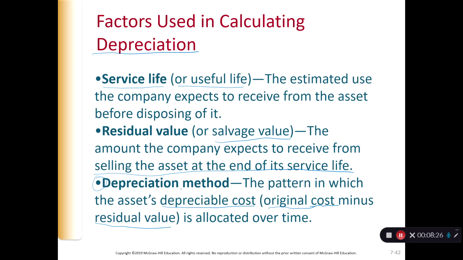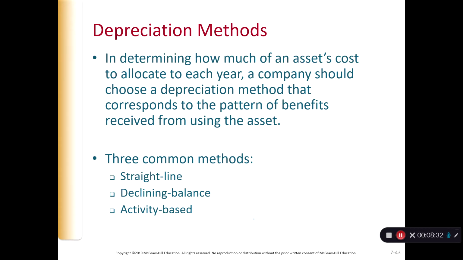And the depreciation method is how we allocate this depreciable cost over the period of time. To determine how much of an asset's cost to allocate in each year, the company should choose a depreciation method that corresponds to the pattern of benefits received from future usage. There are 3 depreciation methods: the straight line method, the double declining method, and the activity-based method.